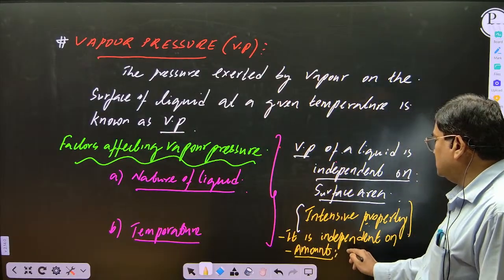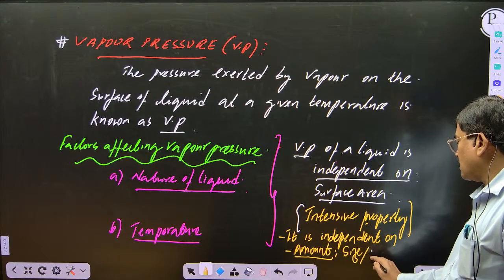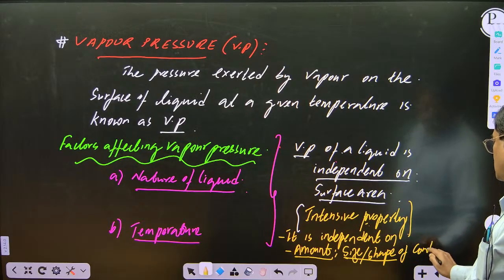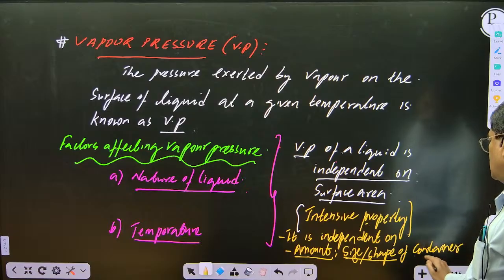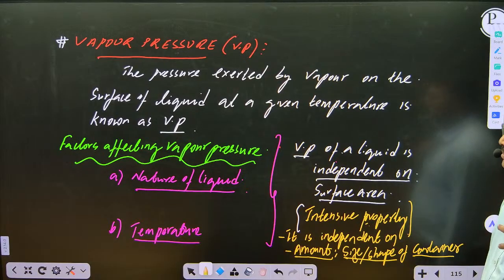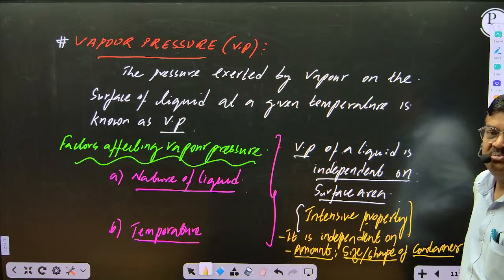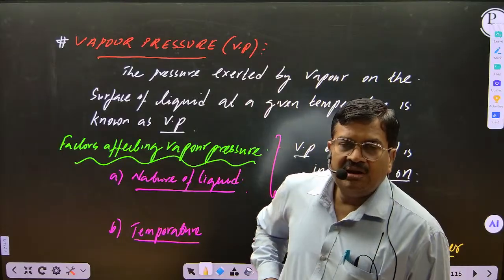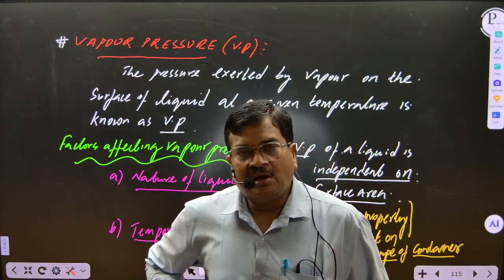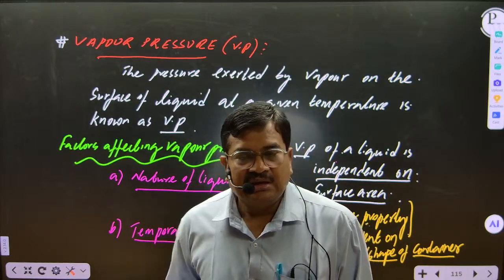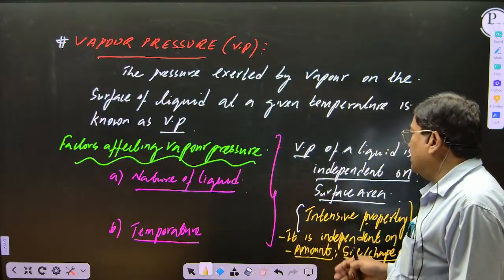Shape of container, size or shape. Understood, students? So vapor pressure is an intensive property. It doesn't depend on how much amount you are taking, or the size or shape of the container in which we are conducting the experiment.